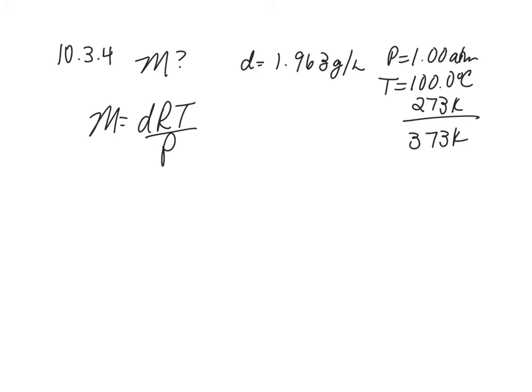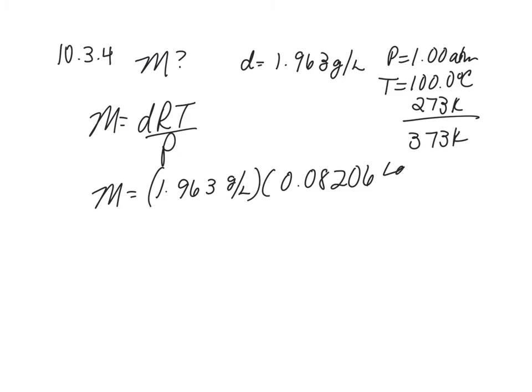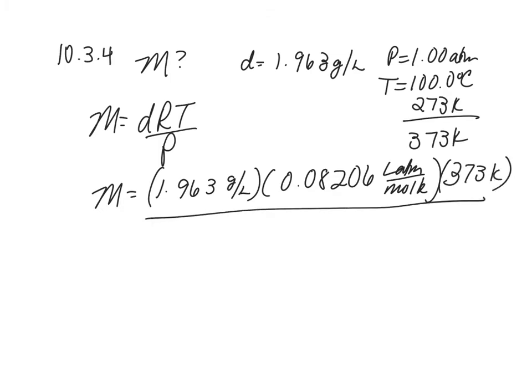We have M here. So we go density 1.963 grams per liter. The R is 0.08206 liters atmosphere per mole Kelvin. Temperature is 373 Kelvin. And then you divide by the 1.00 atmosphere. Atmospheres cancel out, Kelvin cancels out, liters cancel out, and we're left with grams per mole.